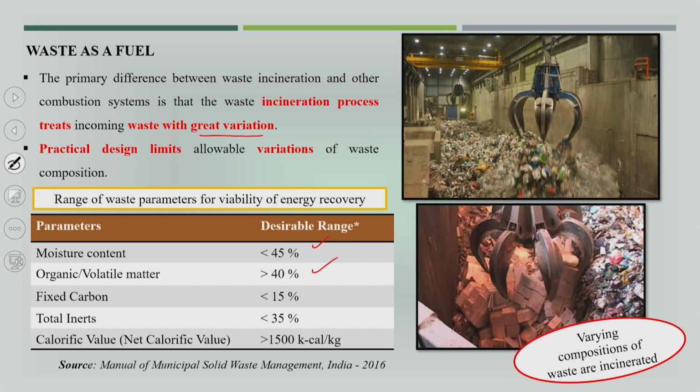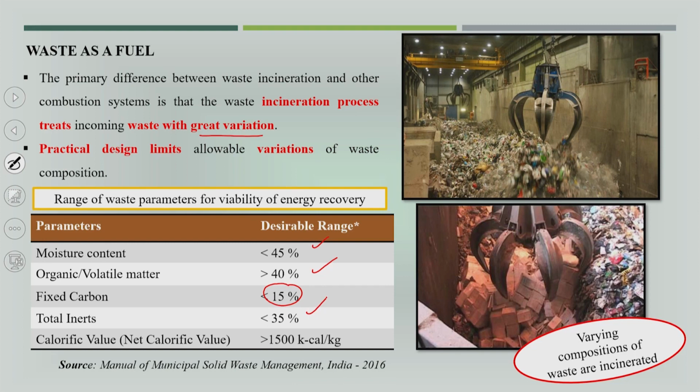Fixed carbon is a very important parameter, which we discussed in one of the lectures on the characteristics of waste. If fixed carbon is very high, there is no need for the combustion process, because it is unnecessary and a lot of energy will be required for combustion. Total inert should also be less than 35%.